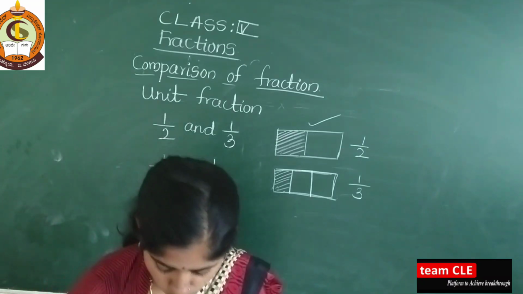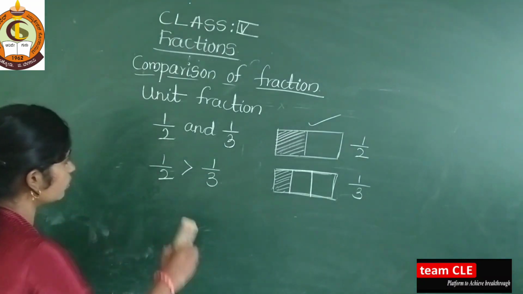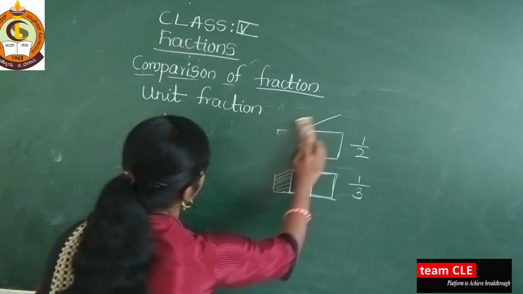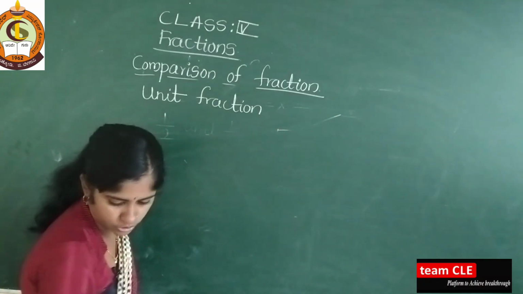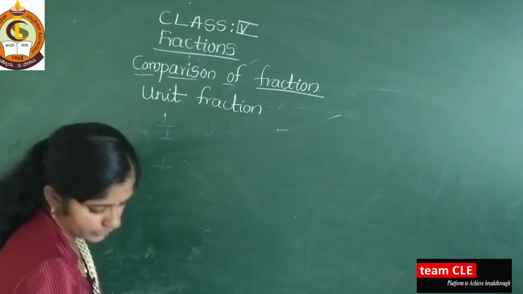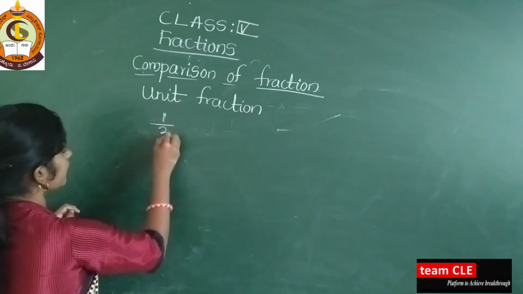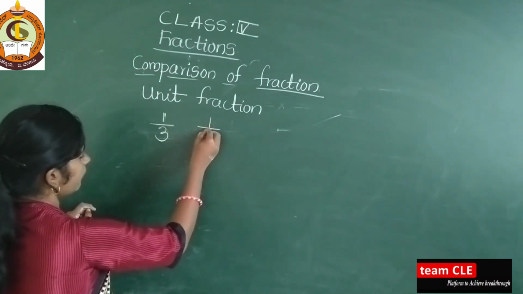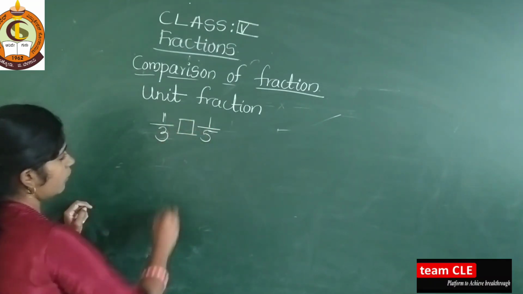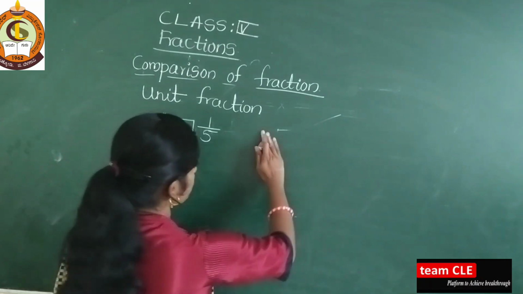Then a few more are given: 1 by 3 and 1 by 5. Tell me where I have to put the sign. So let me draw the diagram.